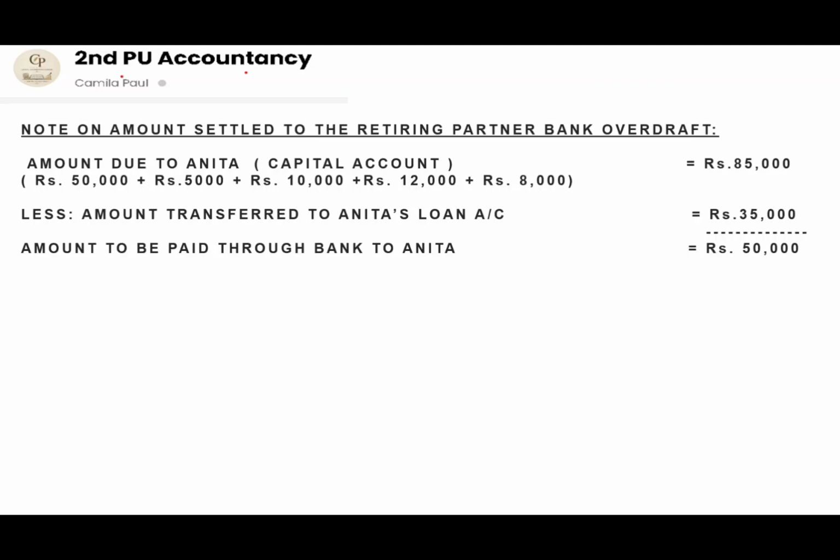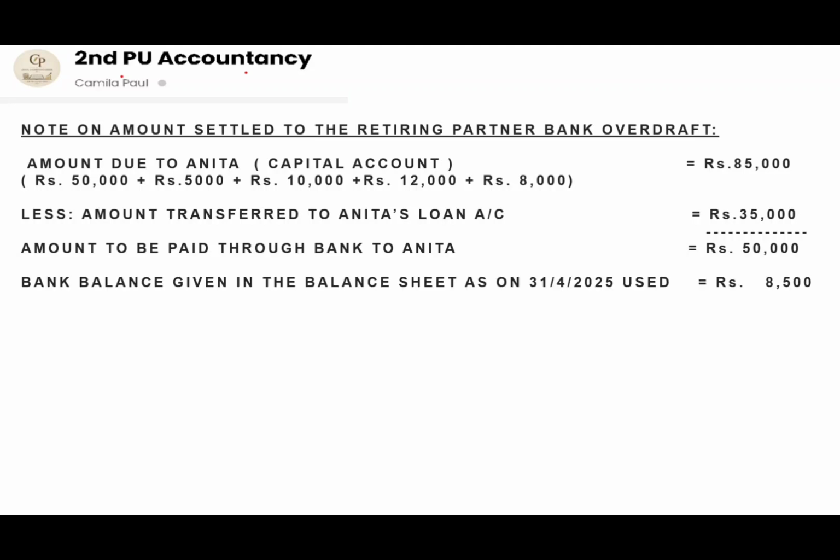But as per the bank balance given in the balance sheet as on 31st April 2025, we have only 8,500 to pay Anita. The amount is not sufficient to settle her account through bank. Amount to be settled through bank is 50,000, but we have in bank only 8,500. So the balance amount is 41,500.